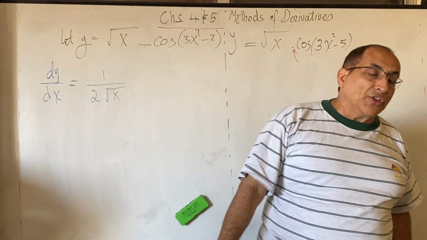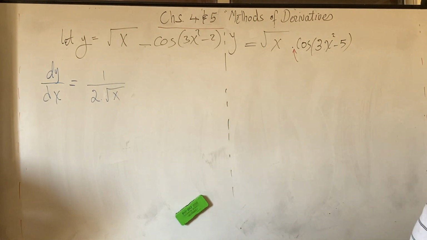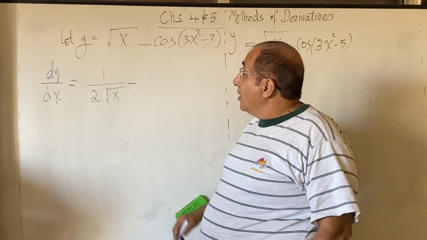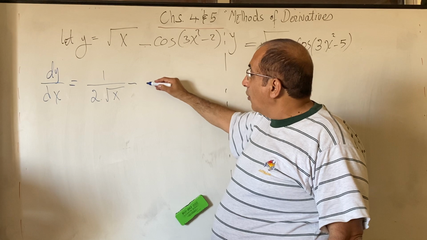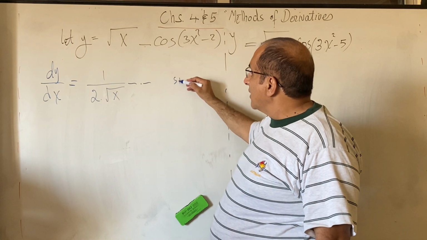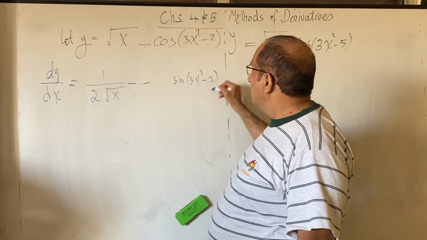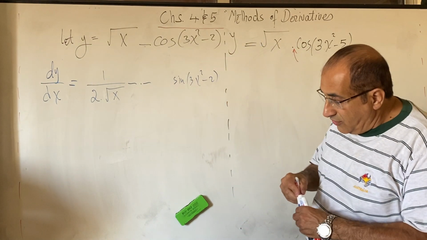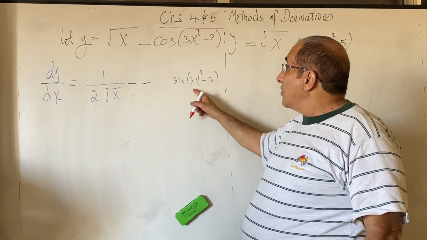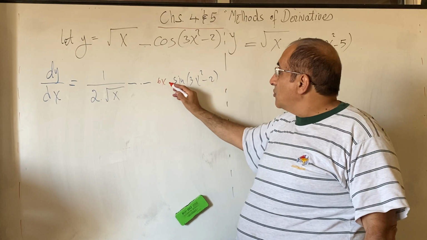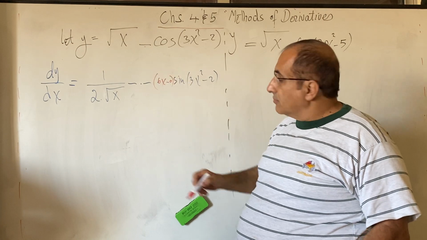Because there's a minus in between, I put a minus. What's the derivative of cosine? We all know it's a minus sine. What is the angle here? Whatever is inside the bracket. And what is the derivative of whatever is inside the bracket? 3x squared, 6x, and minus 2, 0. So I can put a minus 0.